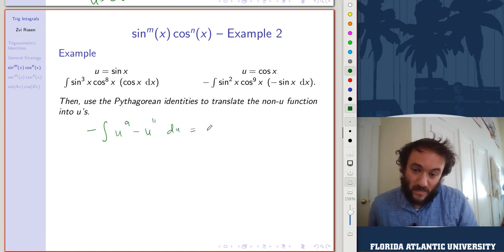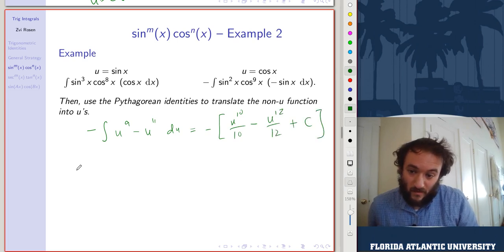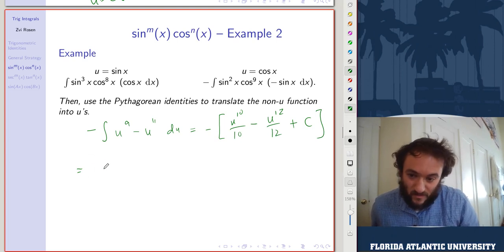And this is equal to minus u to the 10th over 10 minus u to the 12th over 12 plus c. Now we'll just apply the minus sign, so the 12th power is now positive, so we'll start with that.